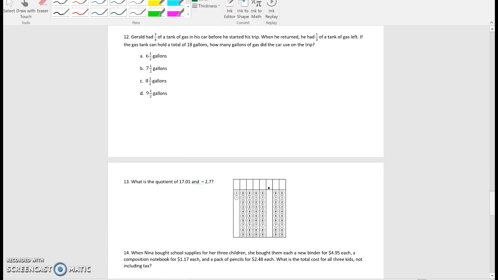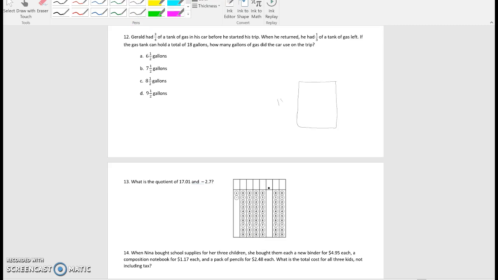Question 12. Gerald had 3/4 of a tank of gas in his car before he started his trip. When he returned, he had 1/3 of a tank of gas left. If the gas tank can hold 18 gallons, how many gallons did the car use on the trip? So draw a picture. Let's say this is his gas tank.